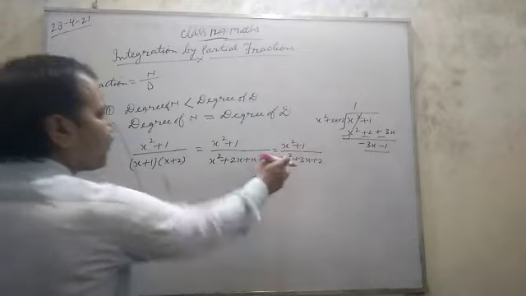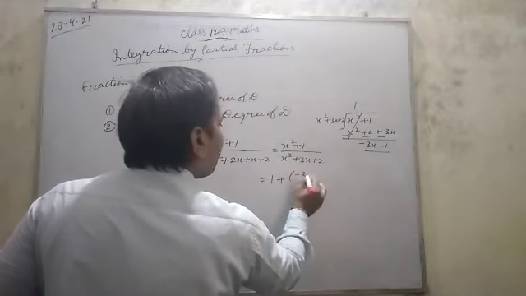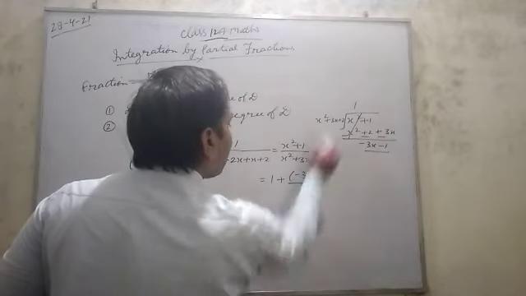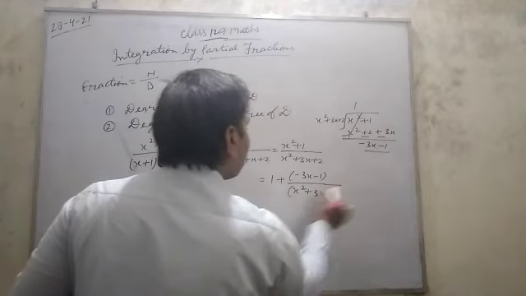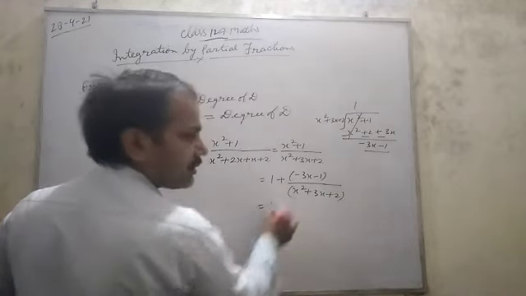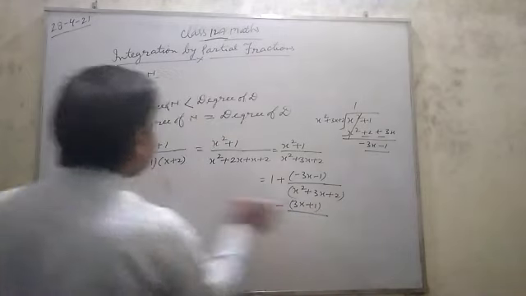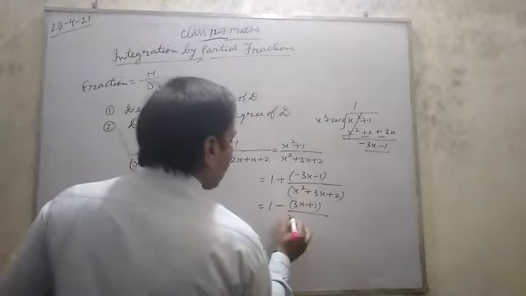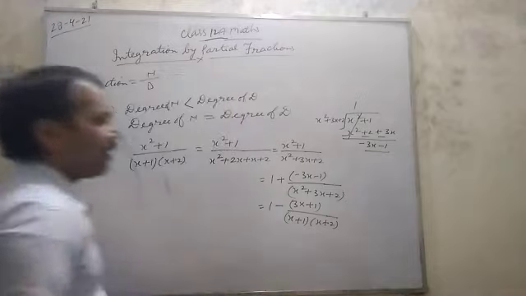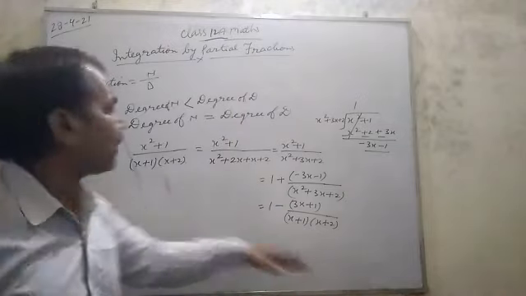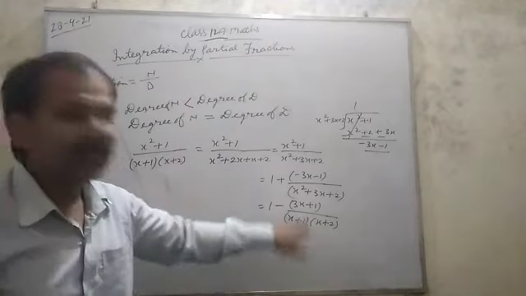So in place of that we can write 1 plus (minus 3x minus 1) upon x square plus 3x plus 2. Or taking minus common, minus (3x plus 1) upon, in place of this, again you can write (x plus 1)(x plus 2). And then again it is converted into the first form, degree of numerator less than degree of denominator.